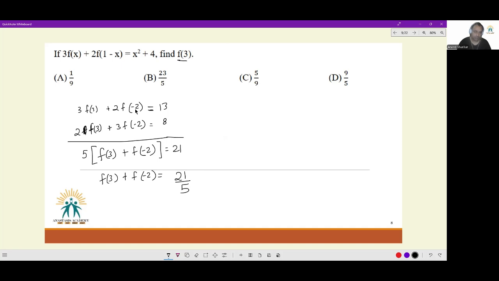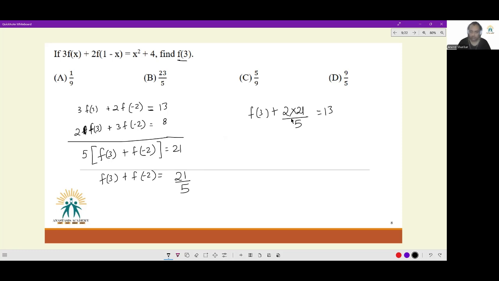Now look at the first expression. It has 2 times f3, 2 times f of minus 2, and an additional f3. So can I say left hand side is f3 plus 2 times 21 by 5 is equal to 13.